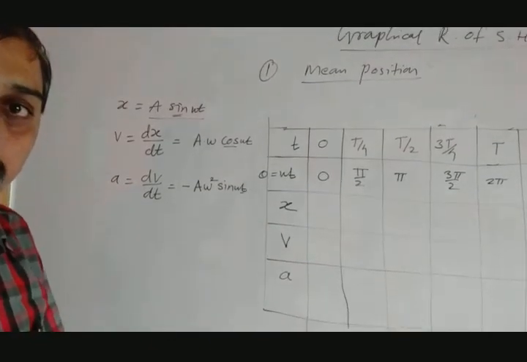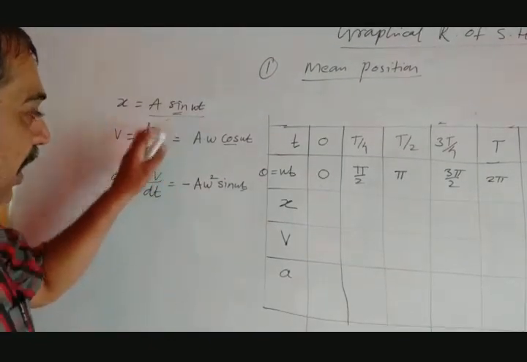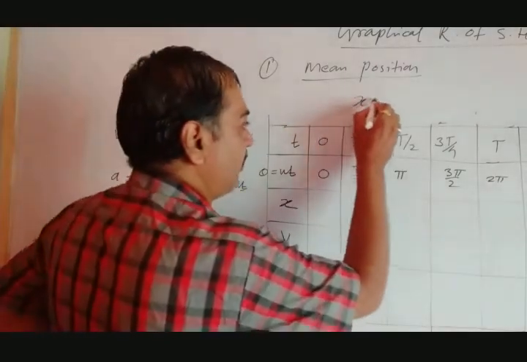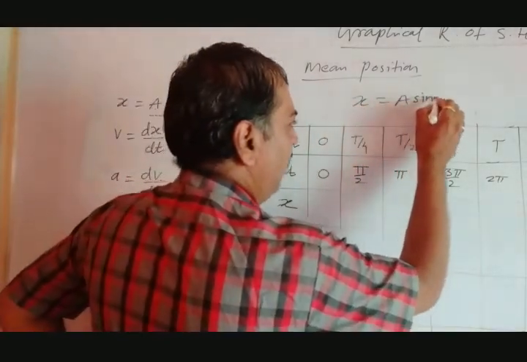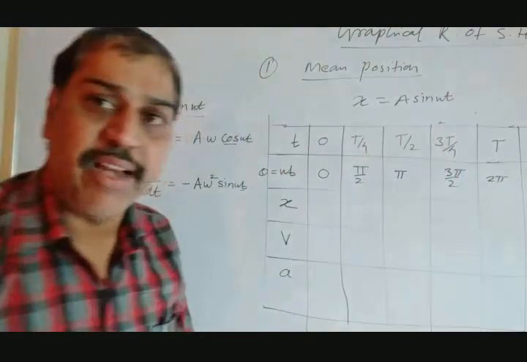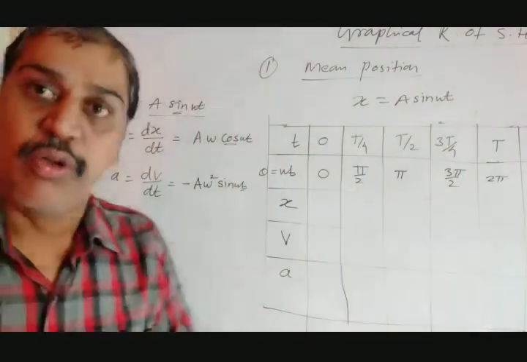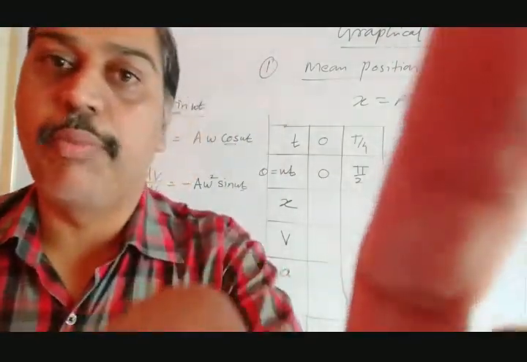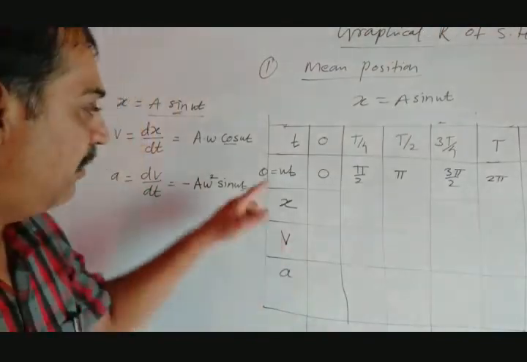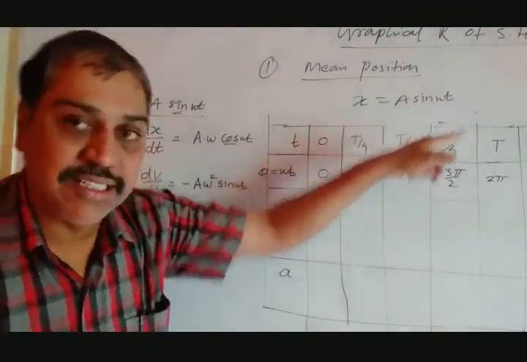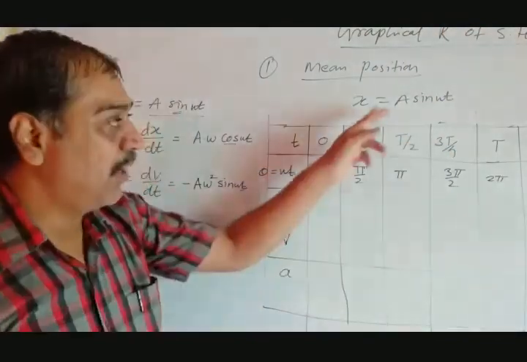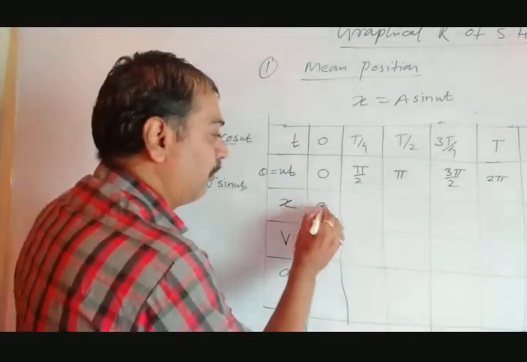So first of all, in case of displacement, x equal to a sine of omega t. Suppose omega t is 0. So what we get? This 0 we have to put here. Sine 0 is 0. So x equal to 0.